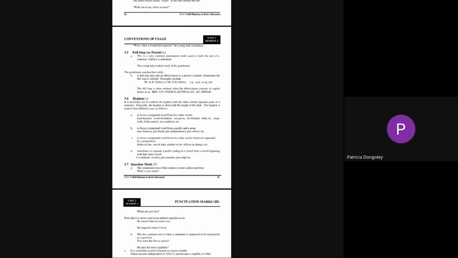When do we omit the full stop? I think they omit the full stop when the abbreviation is mostly written in capitals. When they are all in capitals, you can just omit the full stop. But when they are not all in capitals, you bring your full stop. So sometimes we ignore it, sometimes it is there. So we have to note it in that way.